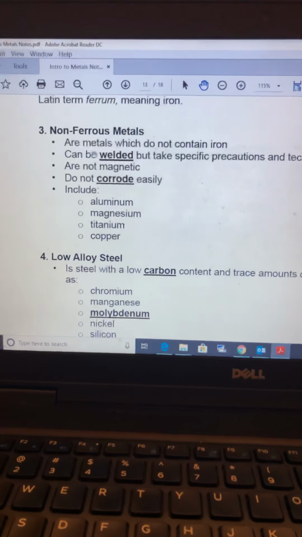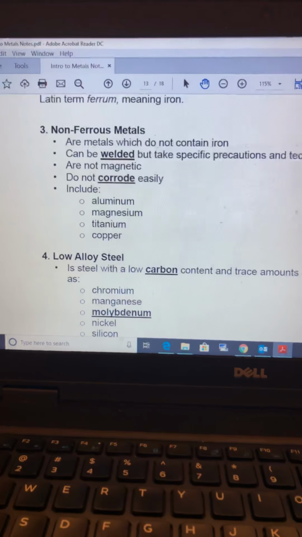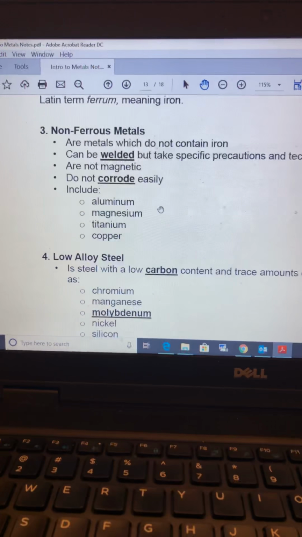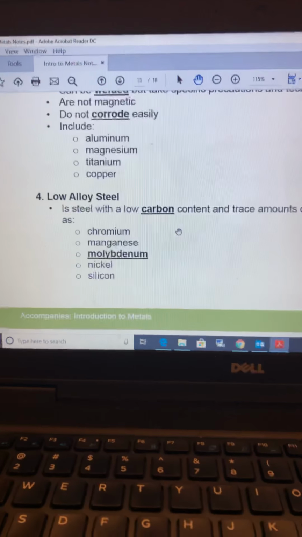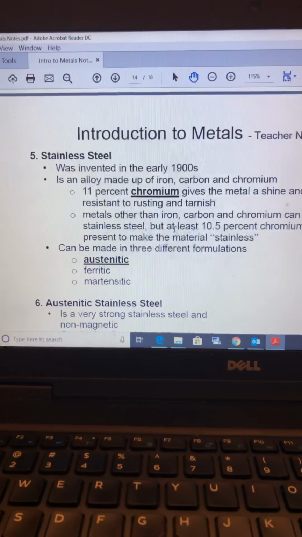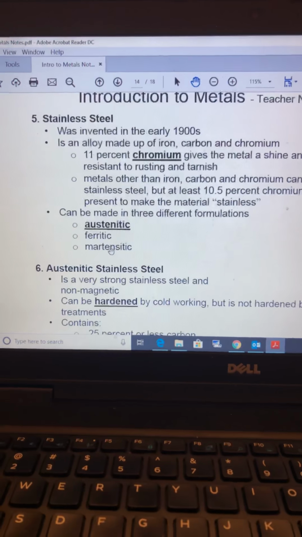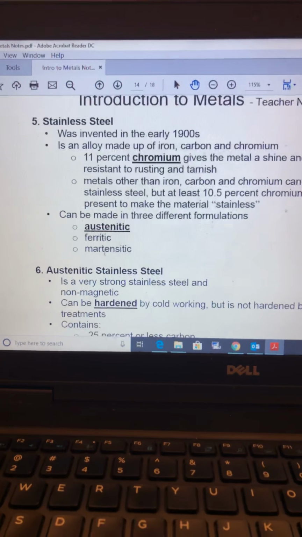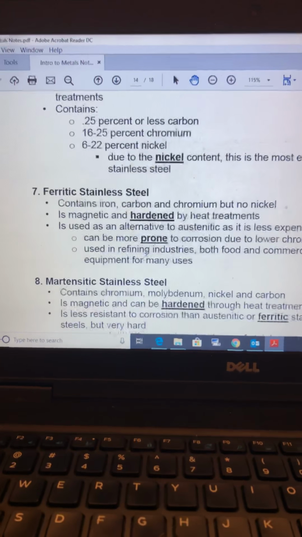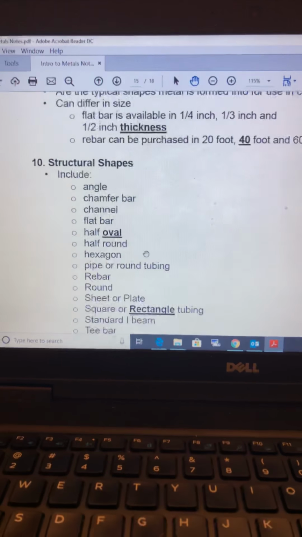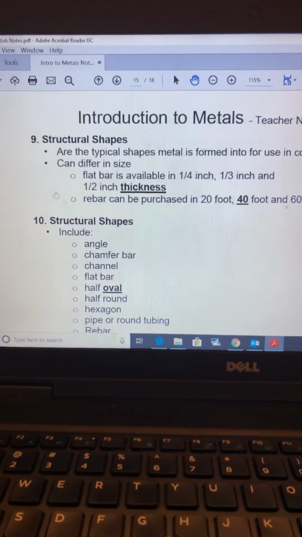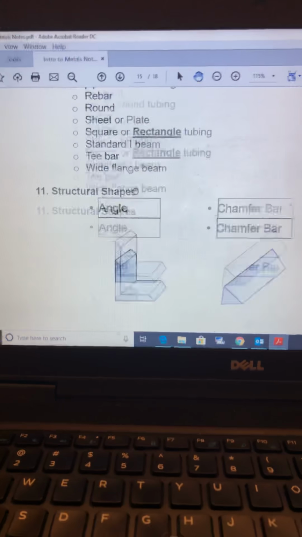Right there, it says can be welded but takes specific precautions and techniques, not magnetic. Those are your non-ferrous metals. And there are your stainless steels, the different types: austenitic, ferritic, and martensitic, and those are in your vocab. I didn't talk about these in your Quizlet, but you can look through them.